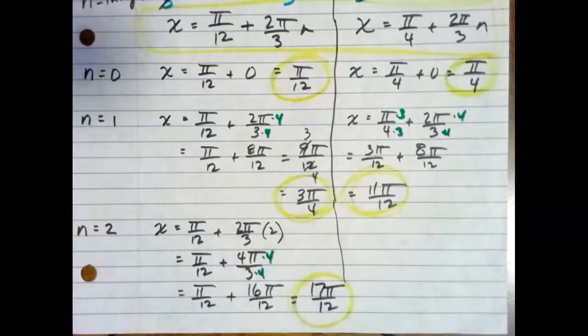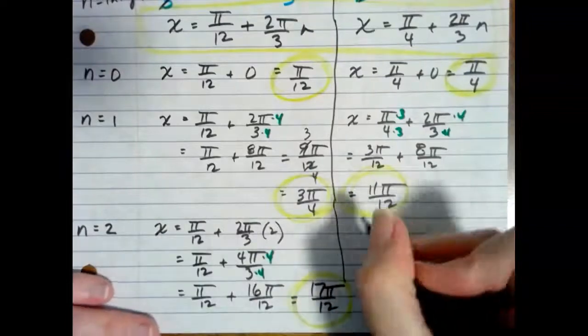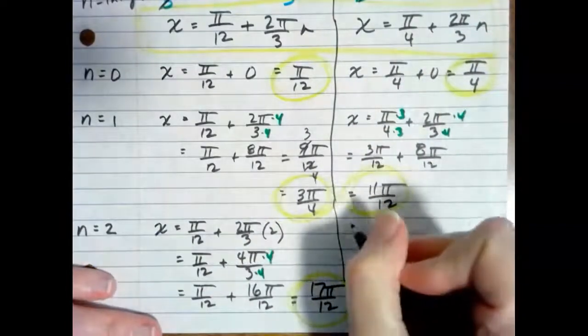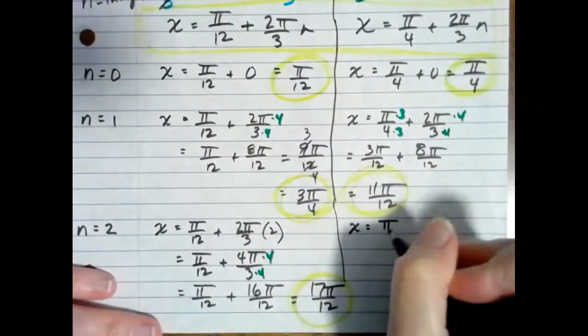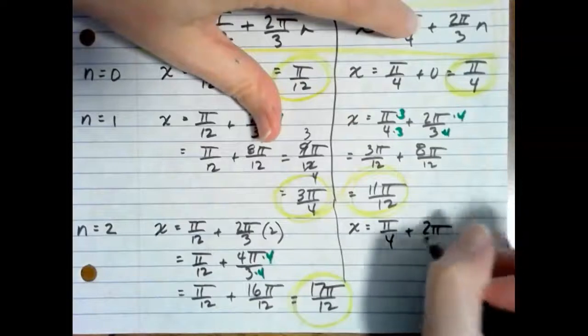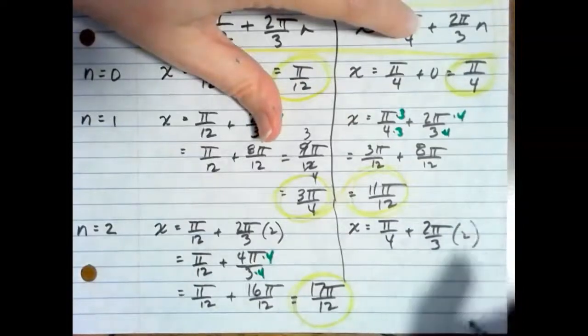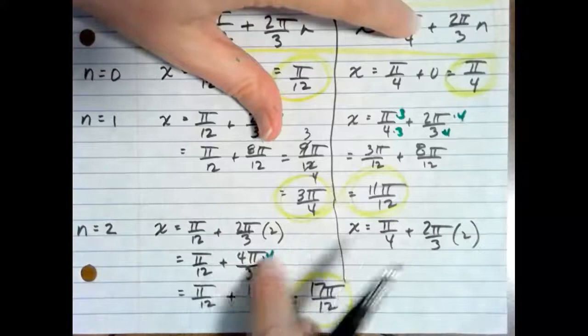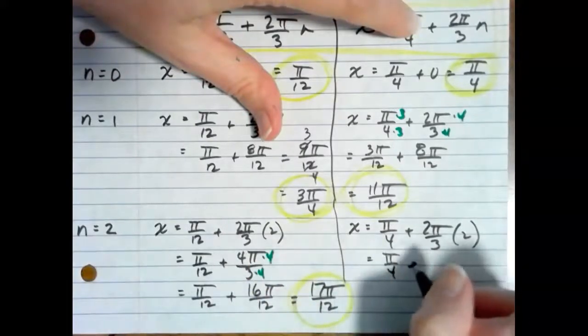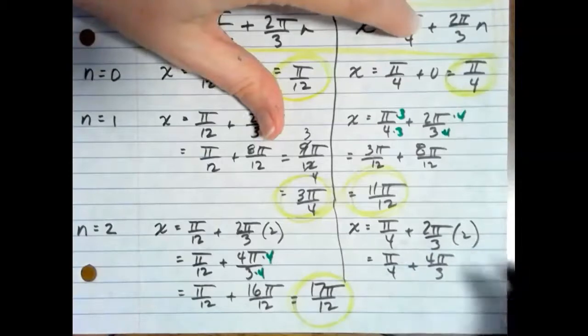We are anticipating one more specific solution when n equals 2, plugging it in into the second general equation. X equals pi over 4 plus 2 pi over 3 times 2. Once again, that is 4 pi over 3. So we have pi over 4 plus 4 pi over 3.